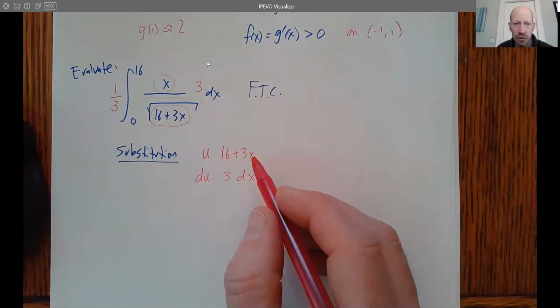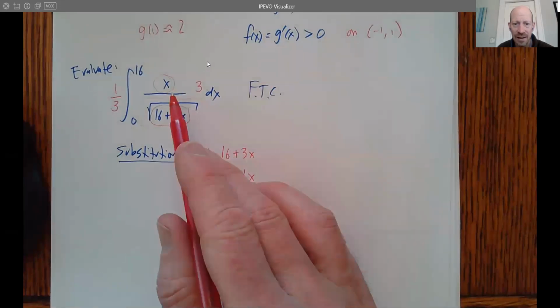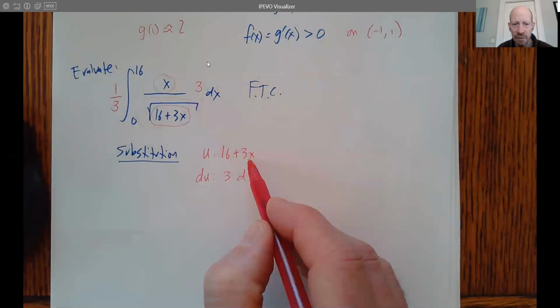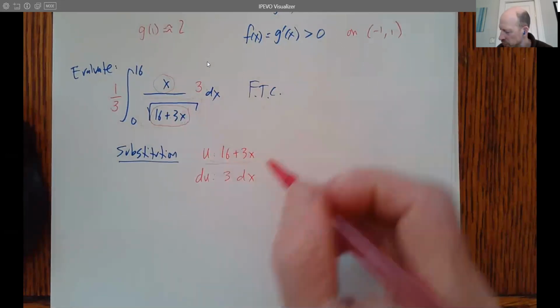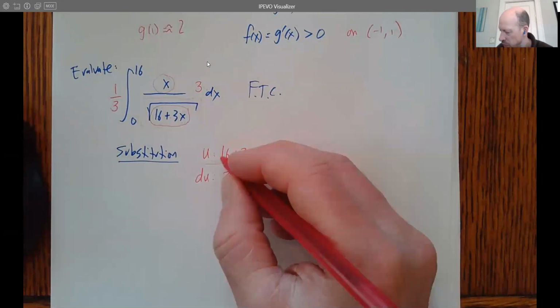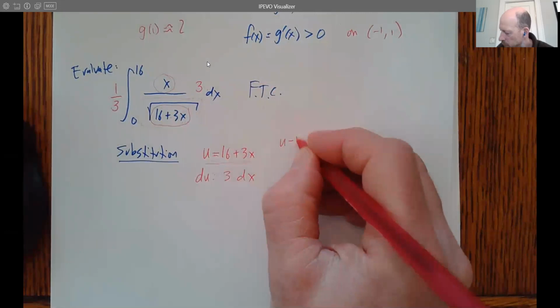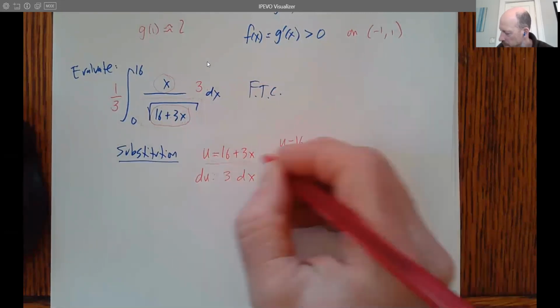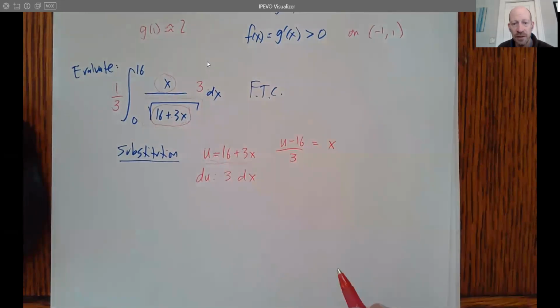So what I notice here is that I don't know what x is exactly, but I could find it from this. Let's just rearrange this. It's just an equation. If I subtract 16 and divide by 3, I get that x equals (u minus 16) divided by 3.